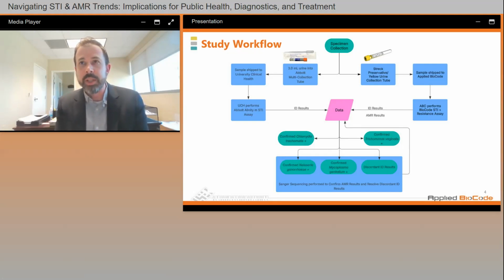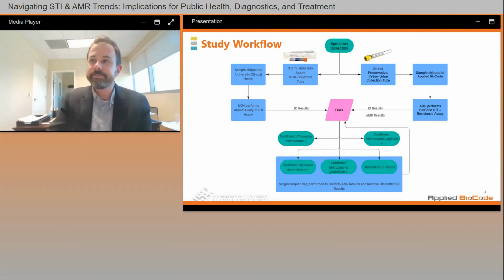In addition, for any gonorrhea or mycoplasma positive samples, the Biocode STI plus resistance panel is picking up any mutations associated with antimicrobial resistance for those SNPs. Those positives are being confirmed by the same Sanger sequencing assay as well.